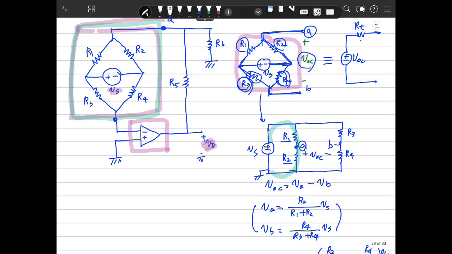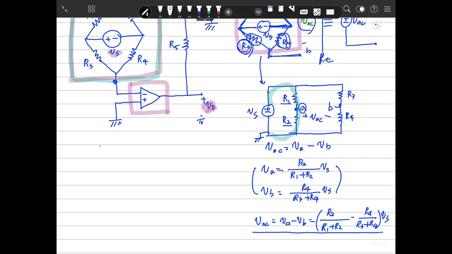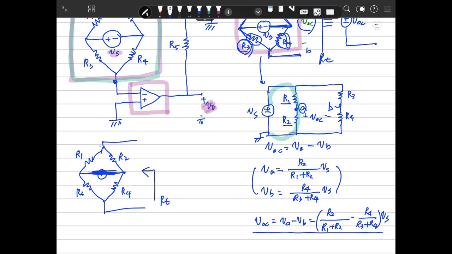Next, we need to know about RT. To make RT, the independent voltage source can be replaced with a short circuit. So, to get RT, this circuit can be rewritten again here: R1, R2, R3, R4, and the voltage source. We want to see RT in this way, so the source is replaced with a short circuit.